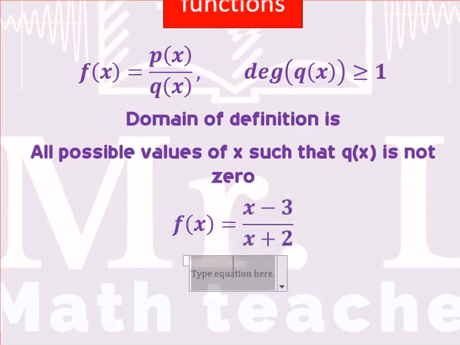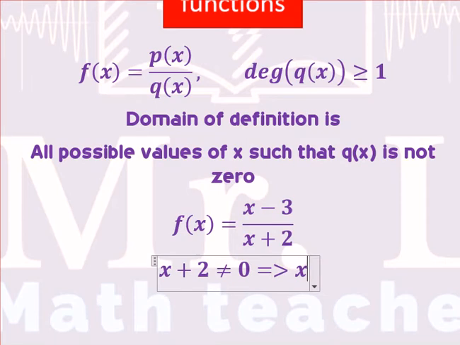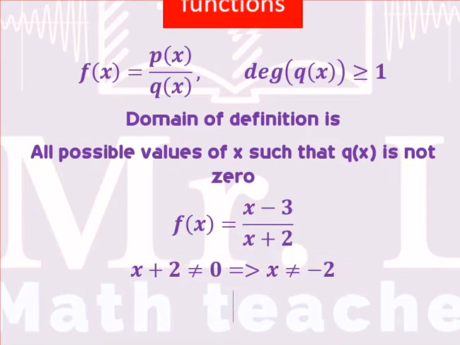So to find the domain of definition, I have to start by saying that we need x plus 2 to be different than 0, which means that x is different than negative 2, as we subtract 2 from both sides. We are allowed to use all real numbers, except x equal to negative 2.